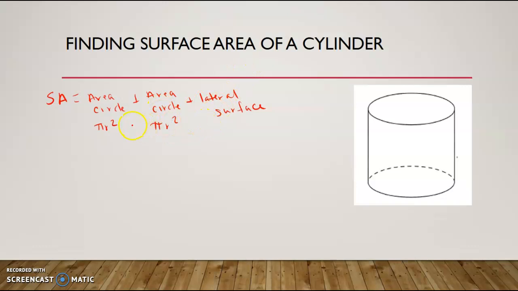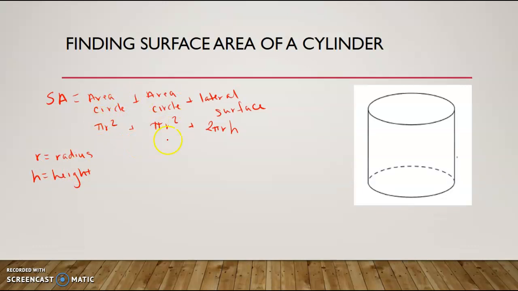Whereas our lateral surface is going to be the circumference. The circumference of a circle in terms of pi is 2 pi r, and then times our height, h. So r equals radius, and h equals height.